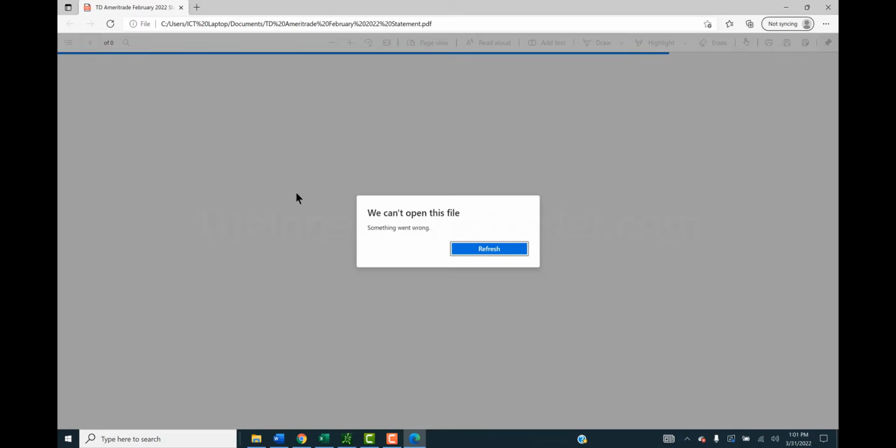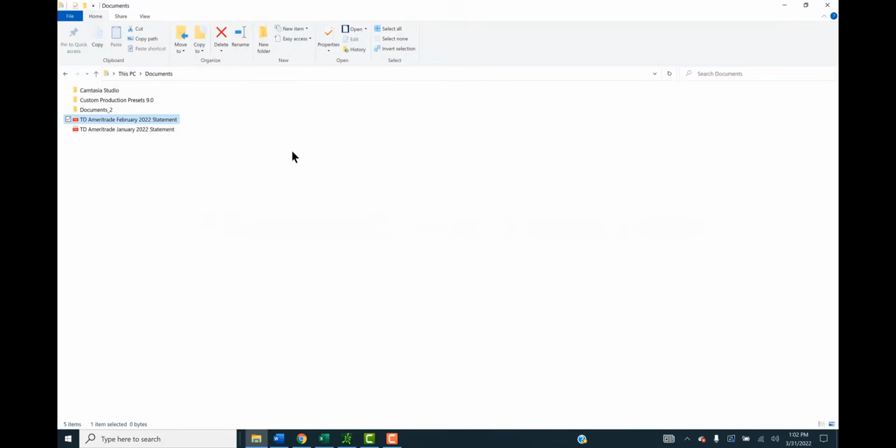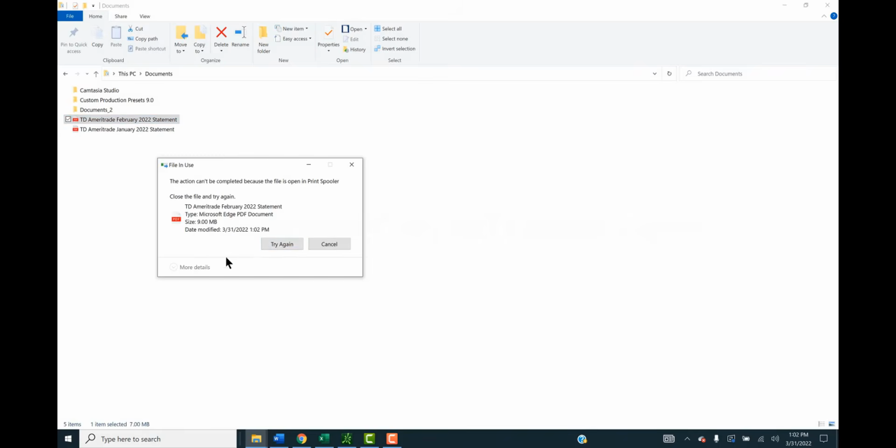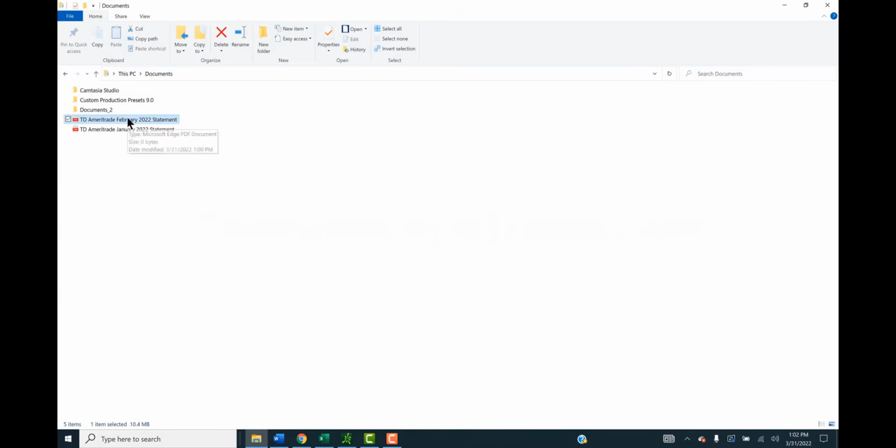Again, it's a longer file. A lot more trades were taken in February. So I'm going to show you that it's just printing still. That's what it's saying here because it's still in the print spooler. Just a little bit longer.